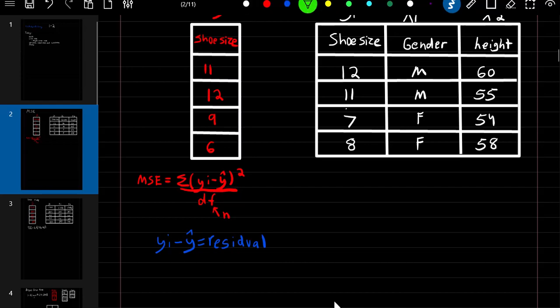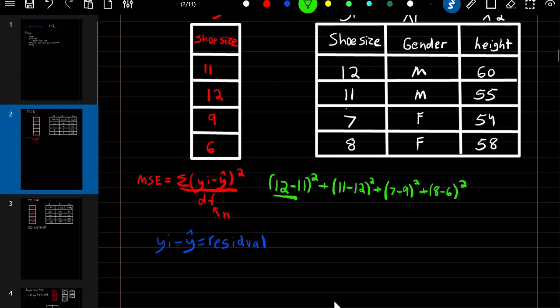Solving for it, we observed a value of 12 for shoe size, and we predicted a value of 11. So it's going to be 12 minus 11 squared, plus we observed a value of 11 but predicted 12 squared, plus 7 minus 9 squared, plus 8 minus 6 squared.